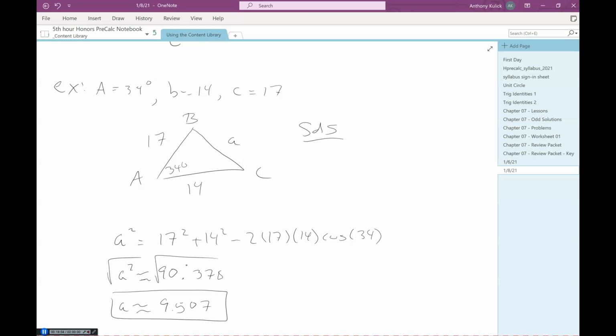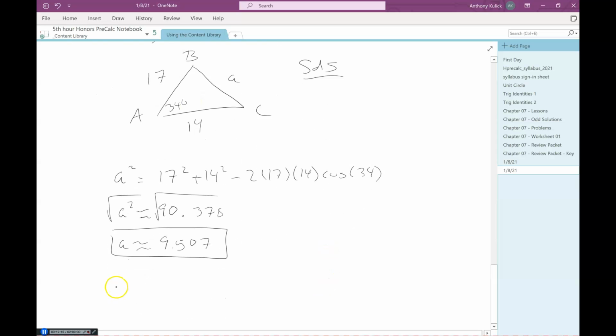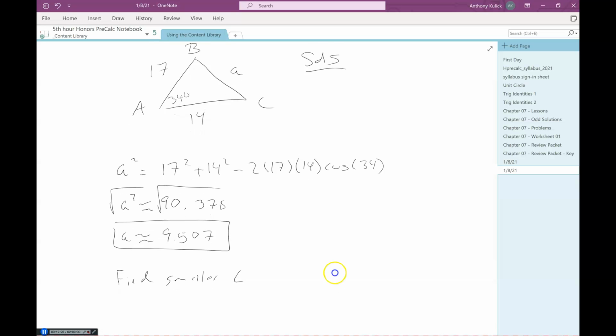But usually what makes things easiest is looking for the smaller of the next angles. So let's find angle B next. I know B is going to be the smaller of the two angles because the side length B is shorter than the side length for C.